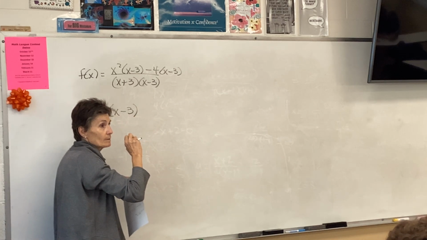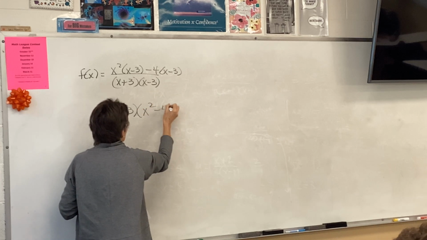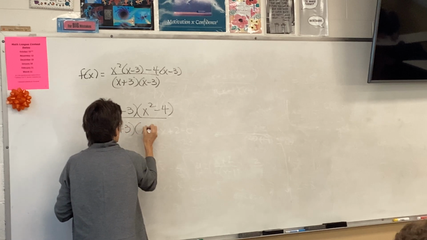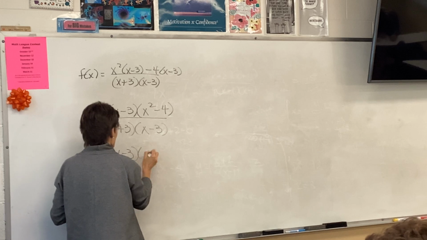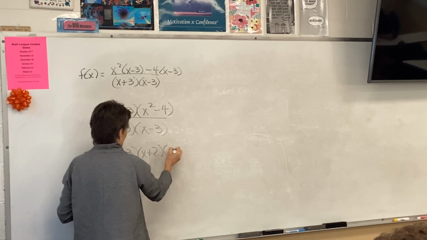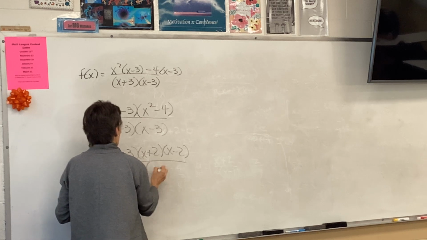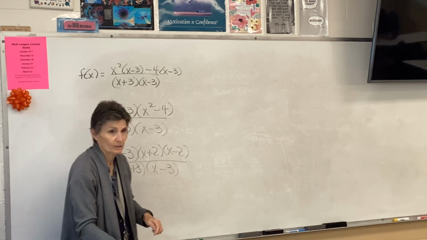Right, is that okay? So my common factor is x minus 3. And then I'm gonna factor that difference of squares. So, how are we with the factoring? Did I make a mistake or am I all good?